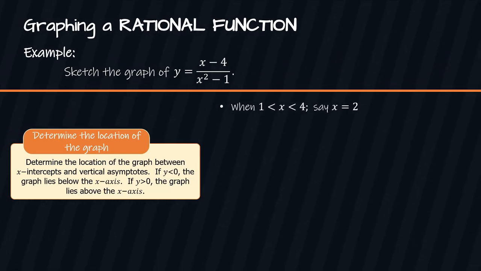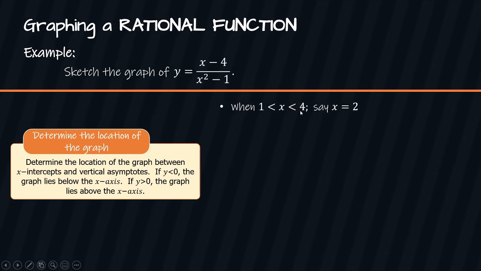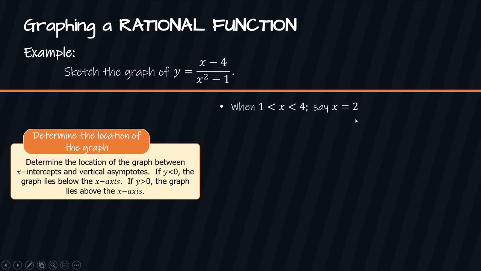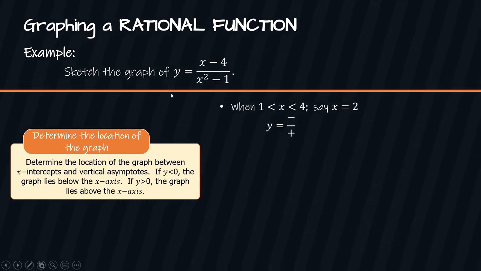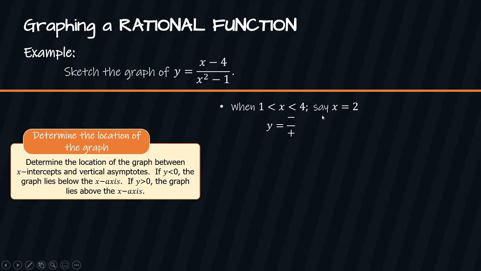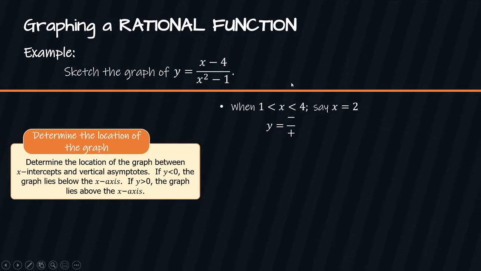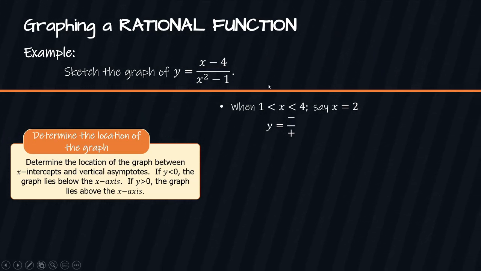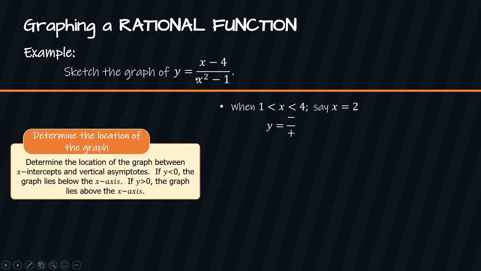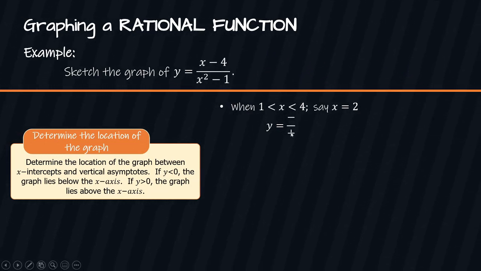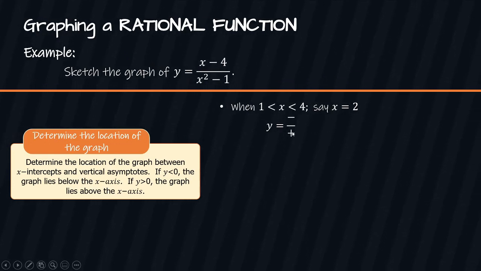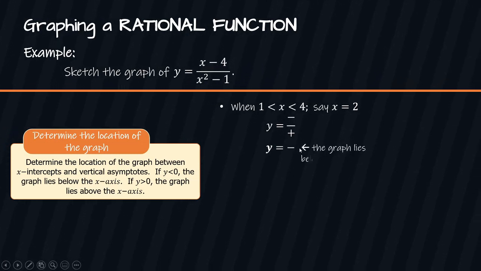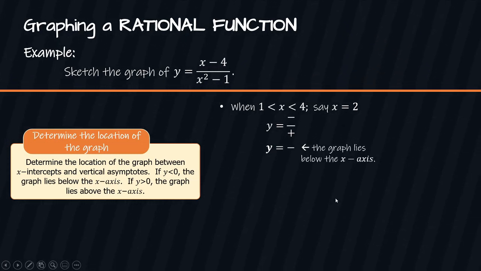Then, when x is between 1 and 4, let's say x equals 2, the numerator, 2 minus 4, is negative. The denominator, 2 squared minus 1, is positive. Dividing a negative by a positive, we get a negative value. Hence, the graph lies below the x-axis.